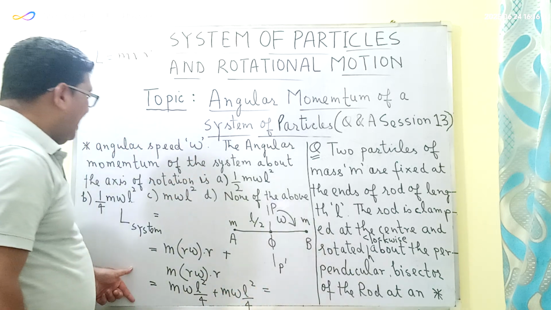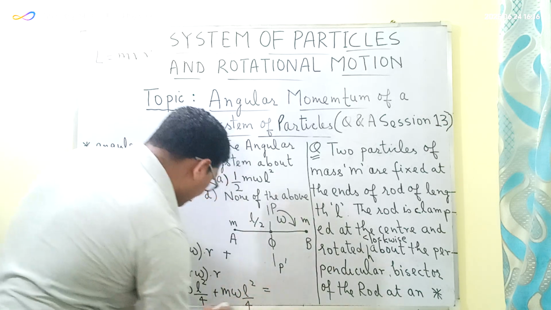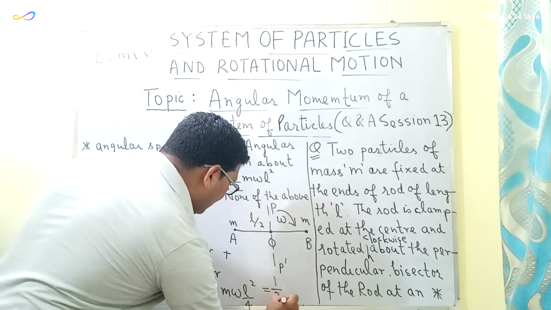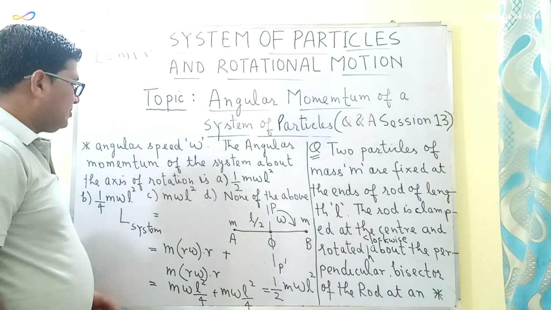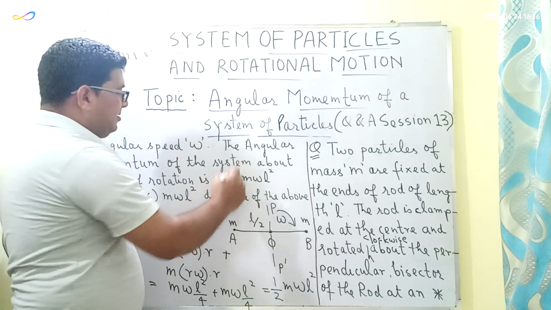So the angular momentum of the system will be equal to 1 by 2 m omega L square. So the correct option here is A.